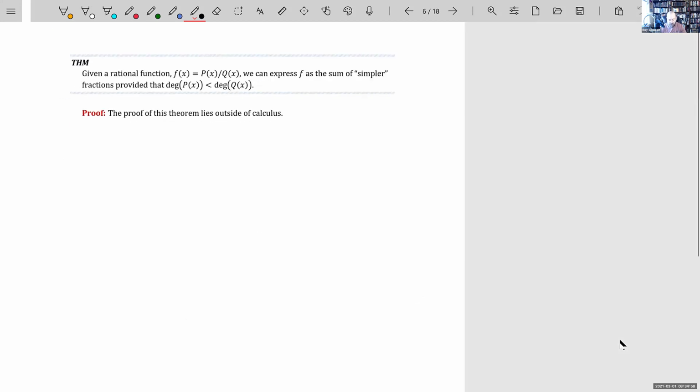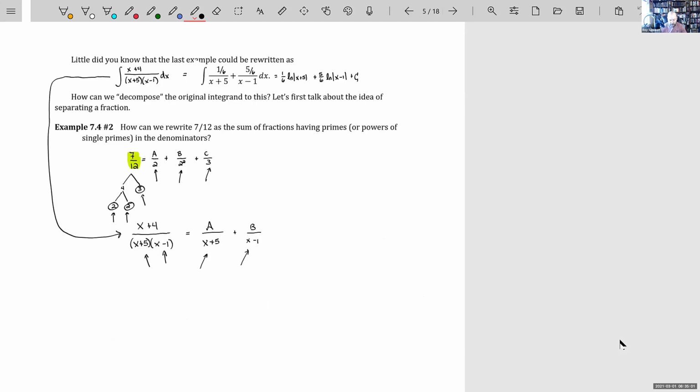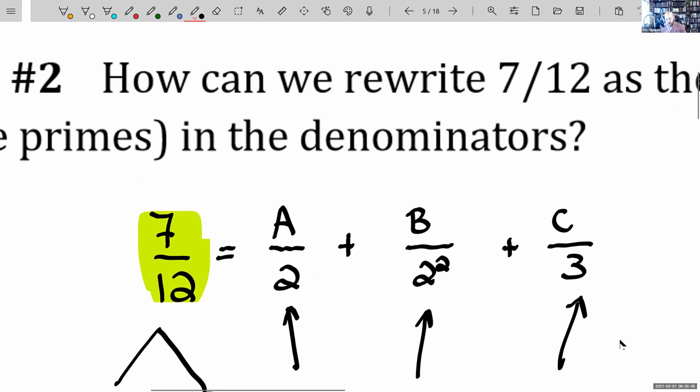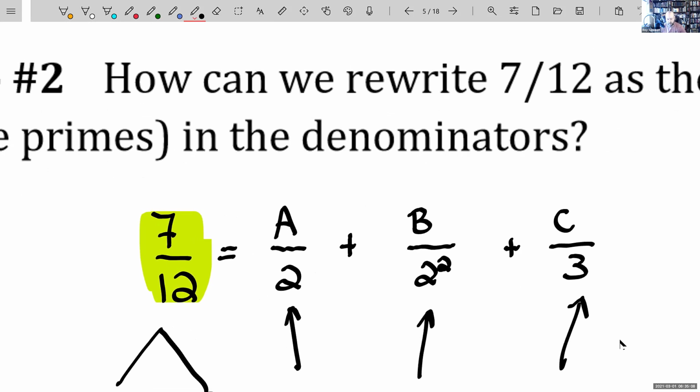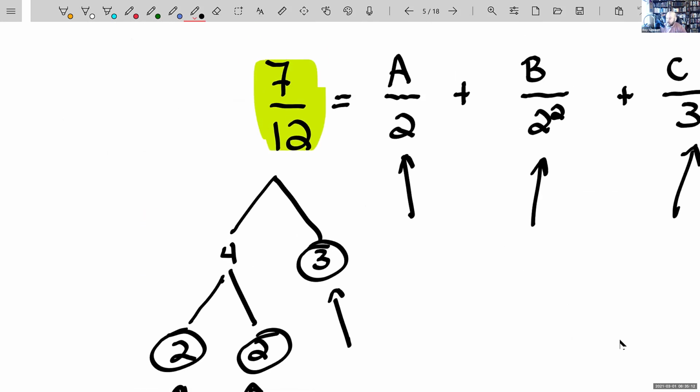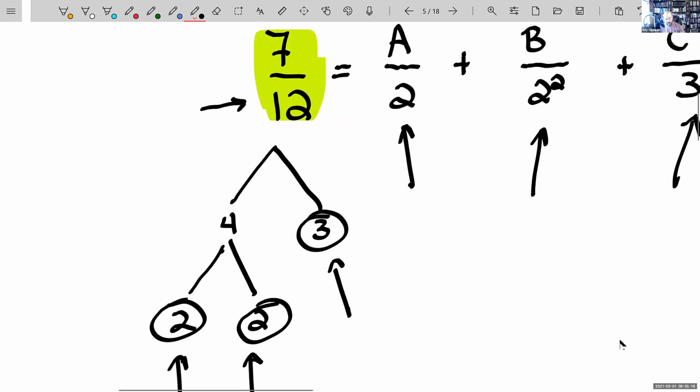And the way that I motivate this idea is by looking at a number like 7 over 12. 7 over 12 is just a simple fraction. What we could do is we could factor its denominator. Just like if that denominator was a polynomial, you would factor it. If you factor 12, it factors into 4 times 3, but 4 factors further into 2 times 2.